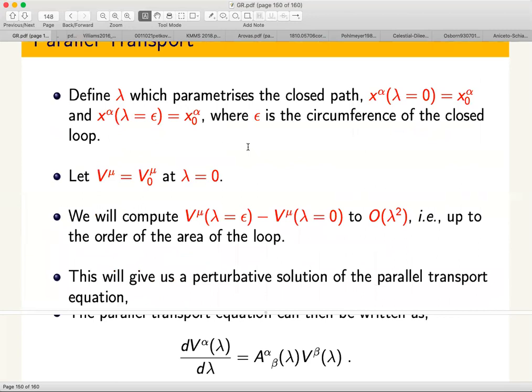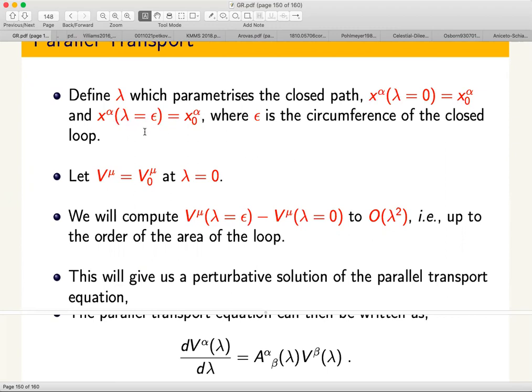Okay, so let's define lambda, which would parameterize a closed path which starts at x alpha, defined at lambda equals 0, which is x0 alpha, and at lambda equals epsilon, which is a small quantity. We want to look at an infinitesimal loop, and x alpha at lambda equals epsilon has the same value. That's what we mean by closed loop.